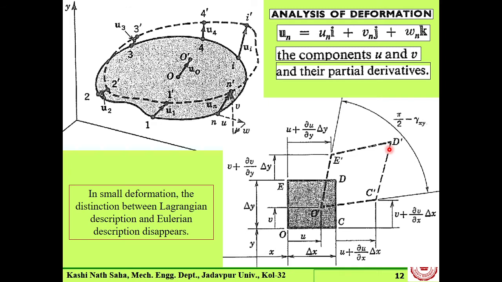What will it give us? The change in length of the line element OD, as well as the change in angle for the orientation of the line OD. Is that clear? So that will give us the normal strain and shear strain. That is what we are going to do.